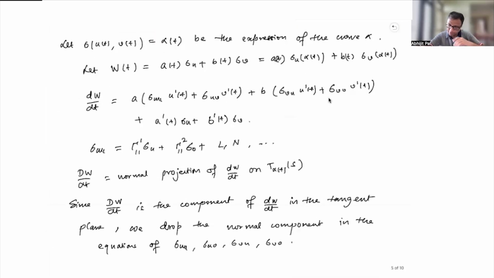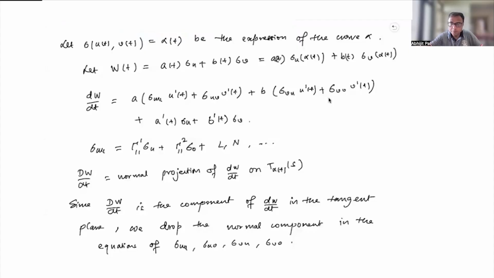Yeah. So let us again recall what we have done. We have taken this alpha to be sigma(u(t), v(t)), and this vector field W was defined on the whole open set, and we restrict this W on this curve. And we take the derivative with respect to t, and after taking the derivative, we take the normal projection.